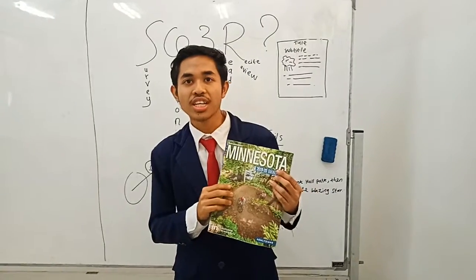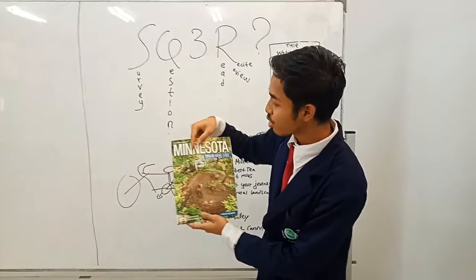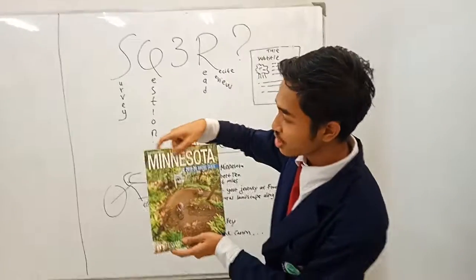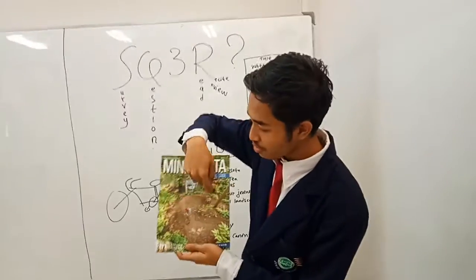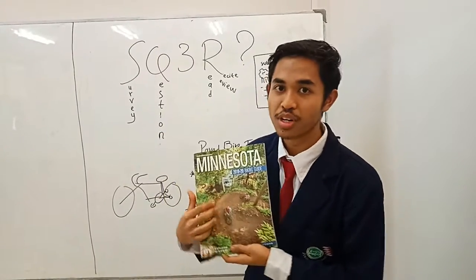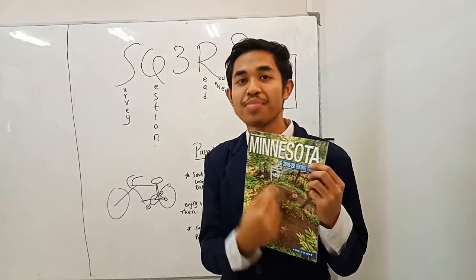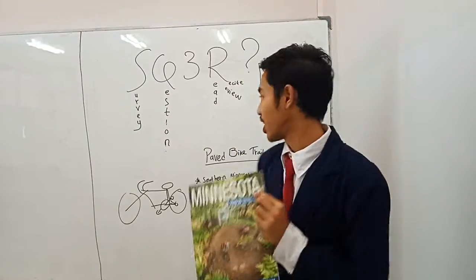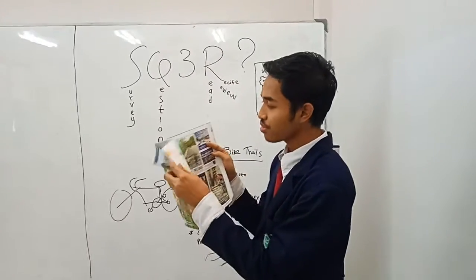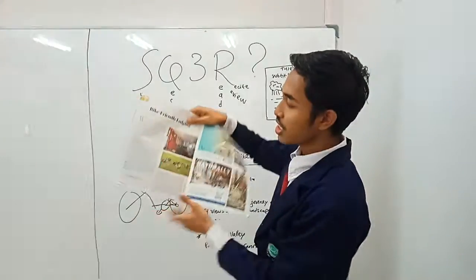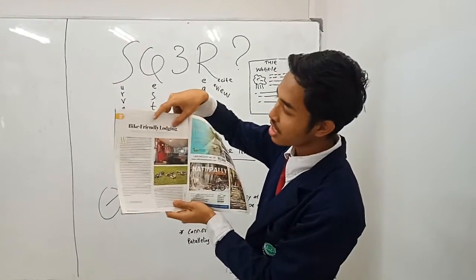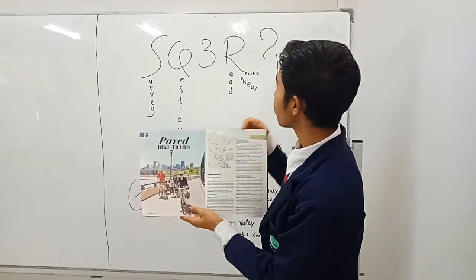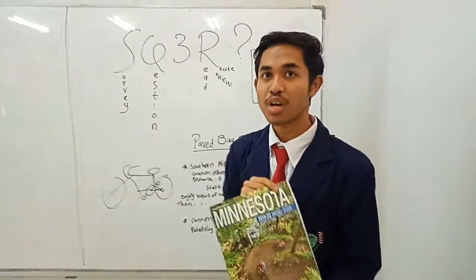For the book, we can do the same technique to know what this book tells about. We have to scan. This title is Minnesota, and then we have to look at the cover. It's a picture of a bike or someone doing sport cycling. And then we have to scan the page, the title, and then subtitle, the picture, and then you have to question what this book tells about.